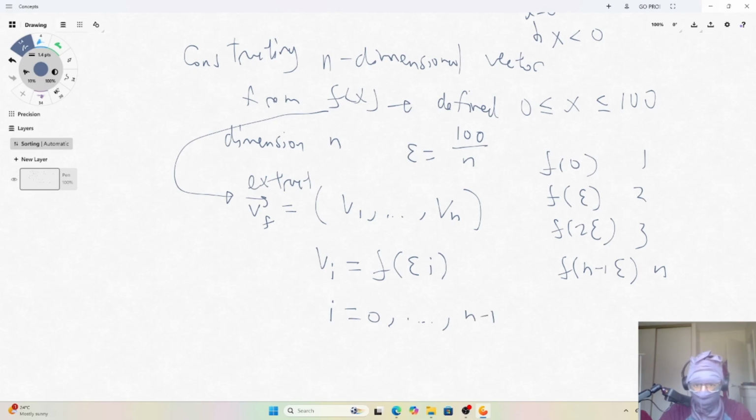And let's not forget to add the square root of epsilon, which will play a role in inner products. So this is how we define the extraction of a vector from that function.